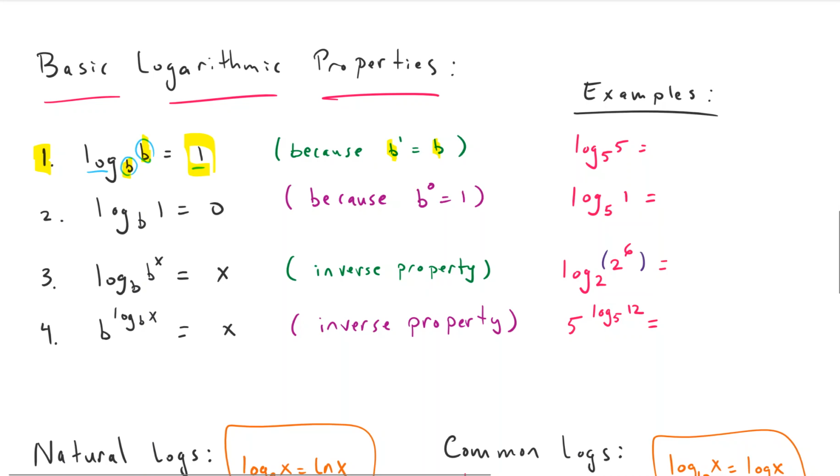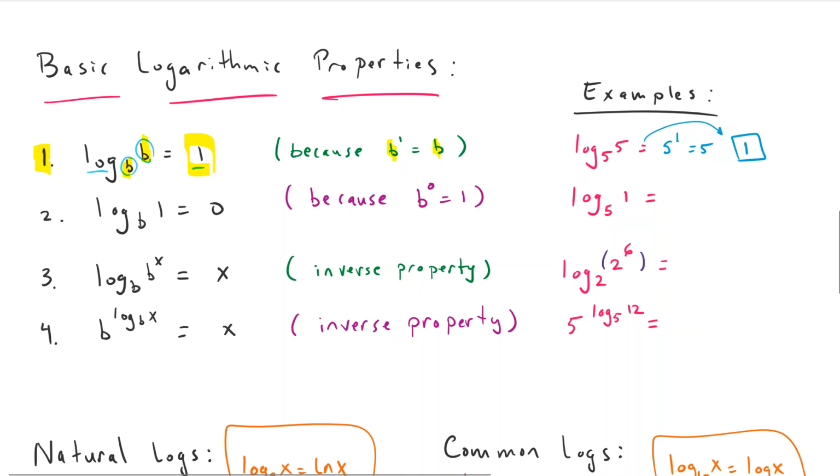So our example on the far right would be log base 5 of 5. Well, it's really asking you 5 to the what power is 5? And, well, you're thinking, yeah, it's 1. 5 to the first power is 5. So the answer here is just 1.